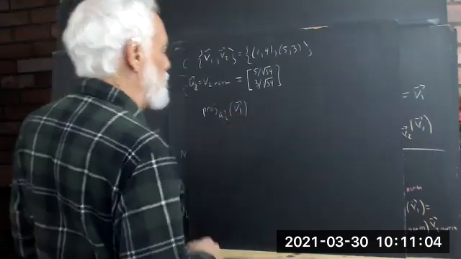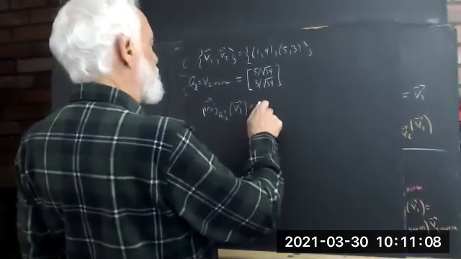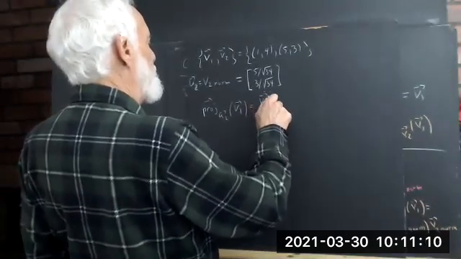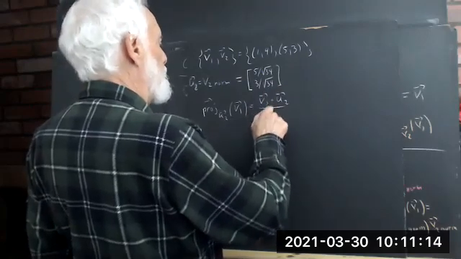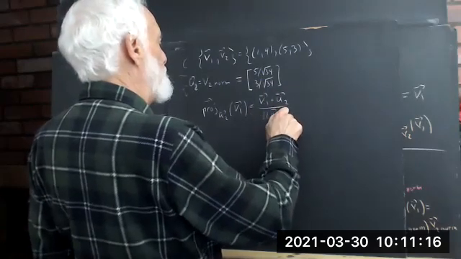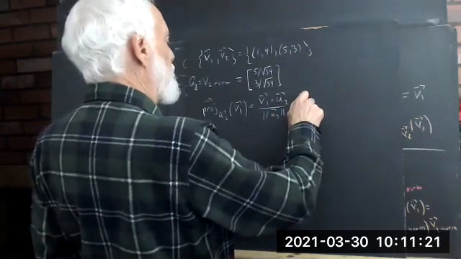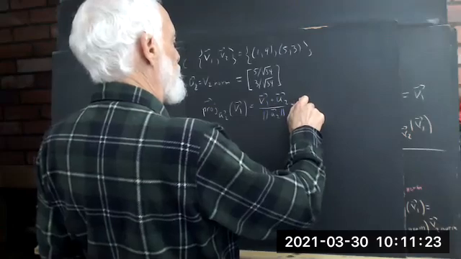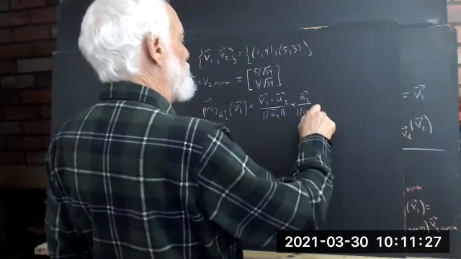The projection onto U2 of V1 equals V1 dot U2 over magnitude of U2 multiplied by U2 over magnitude of U2.